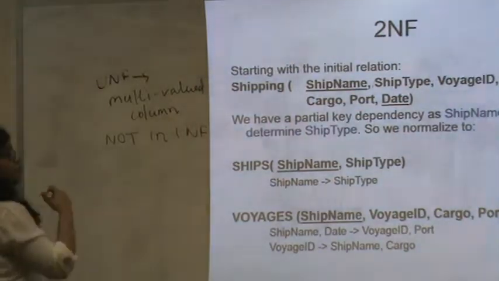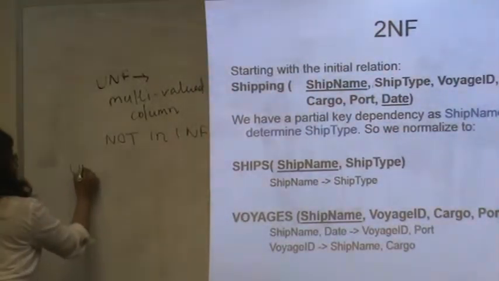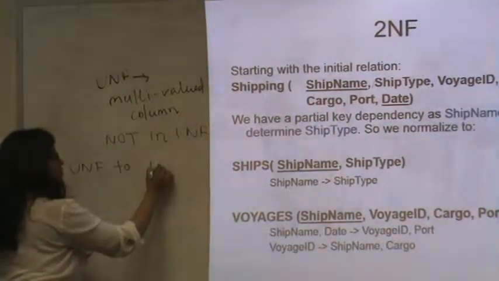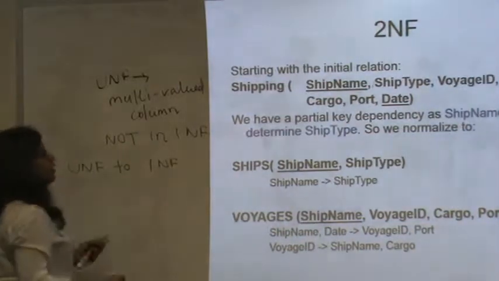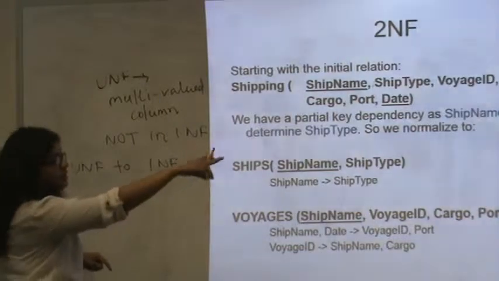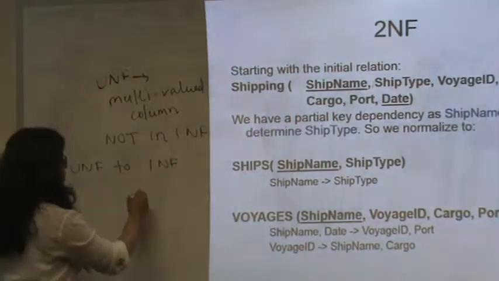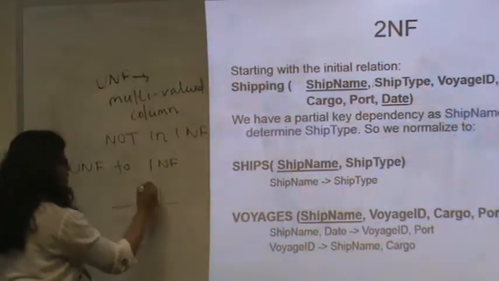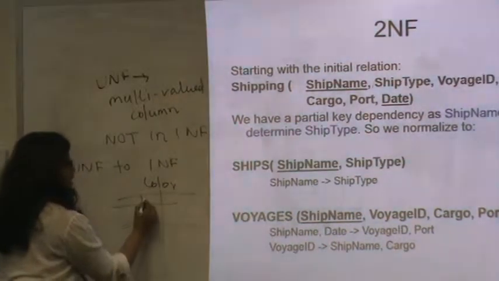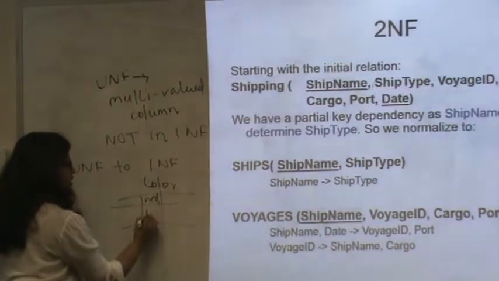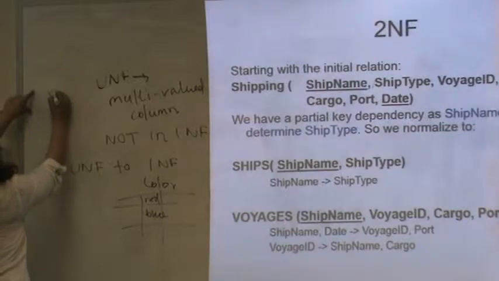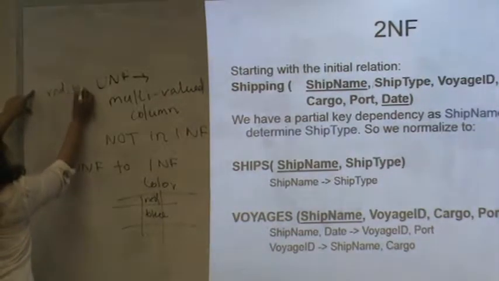Then to convert from UNF into 1NF, I will put the multi-valued things in different columns, say like this, red and blue together. Now I'll have a different column called color. And now I'm having red here and blue here, whereas at the UNF level, I was having red, comma, blue.